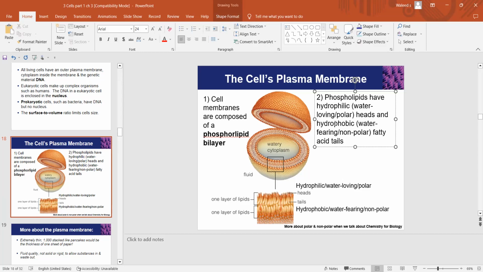And hydrophobic, hate water. What do you mean, love water and hate water? If I give you some sugar and you put it in the water, it will dissolve. This is hydrophilic. It loves water. If I give you some oil or margarine and ask you to dissolve it, it's not going to dissolve. It hates water. It's hydrophobic. So fat is hydrophobic.